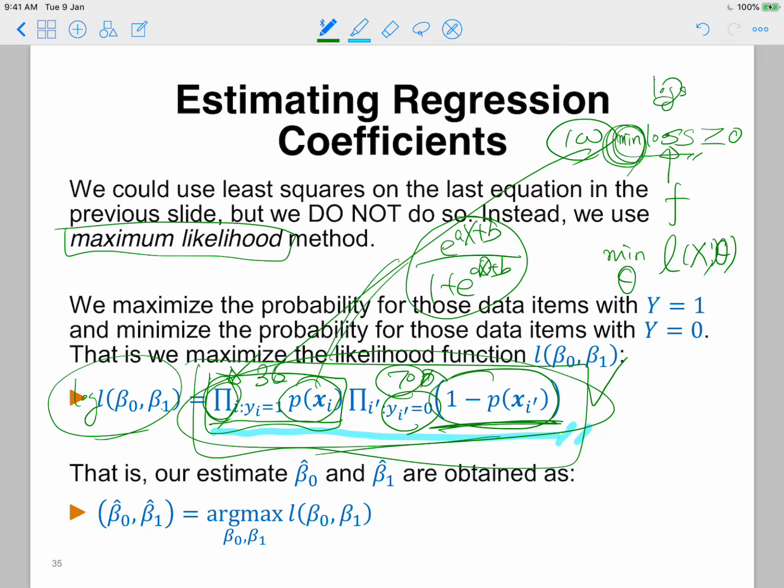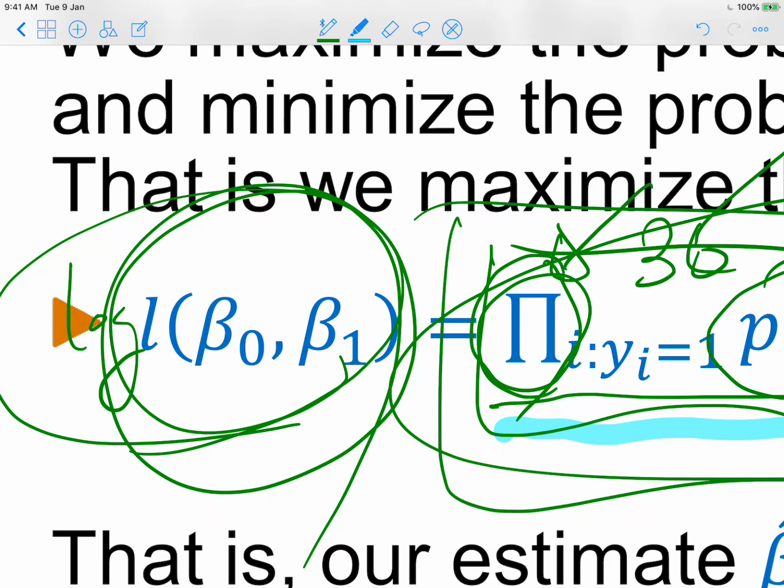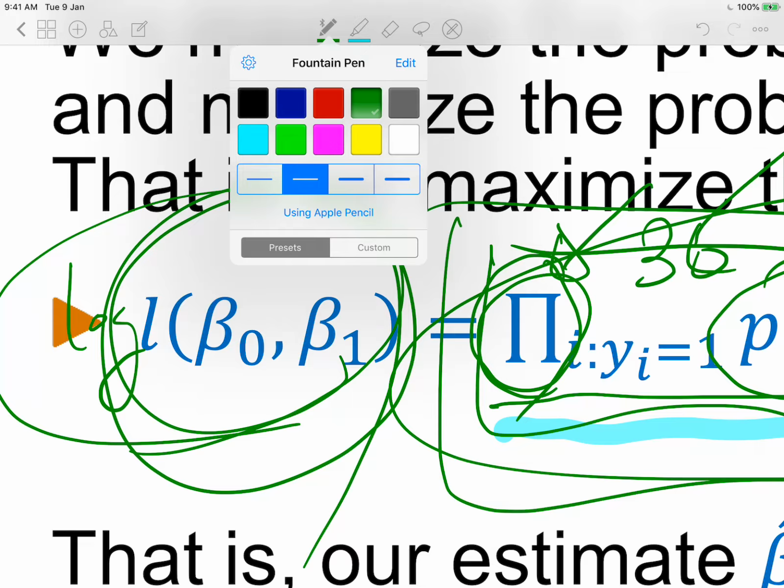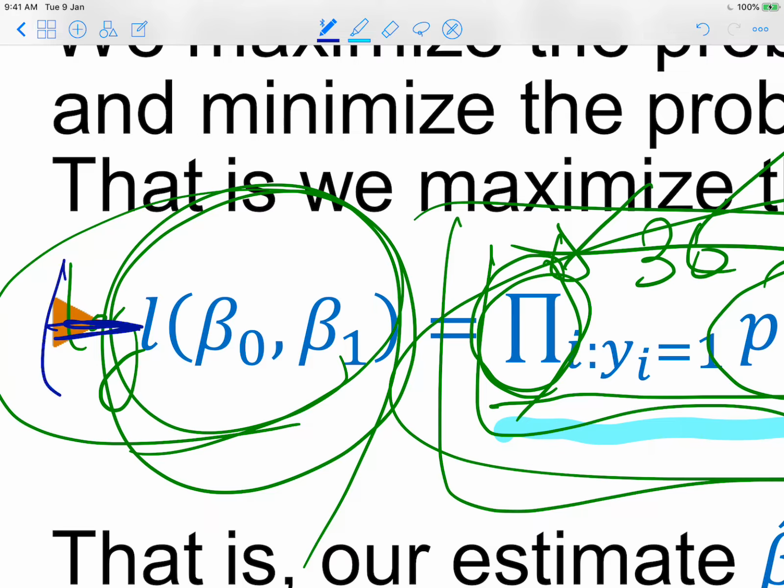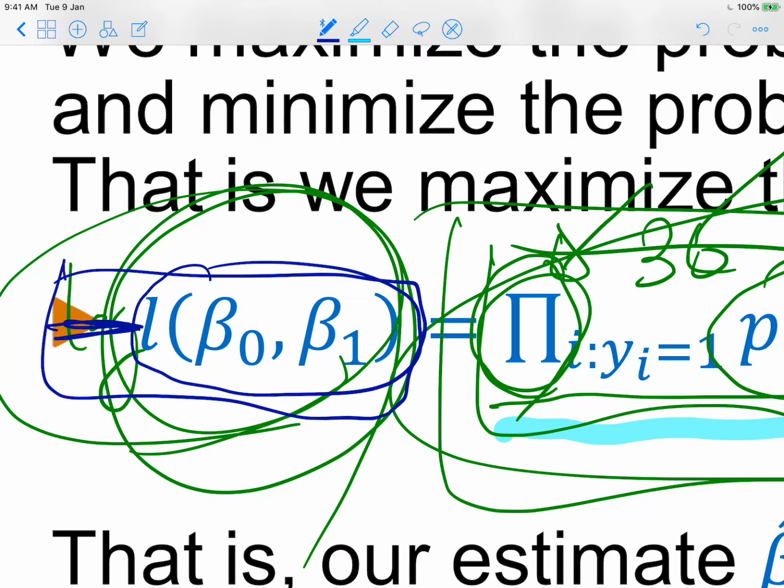This is something that we have to maximize, so how can we consider the loss out of it? By simply negating it: minus, or negative, likelihood. If that is minimized, then this is maximized.